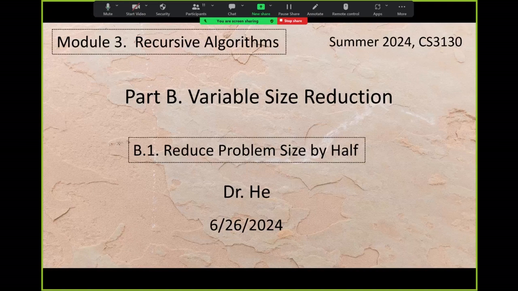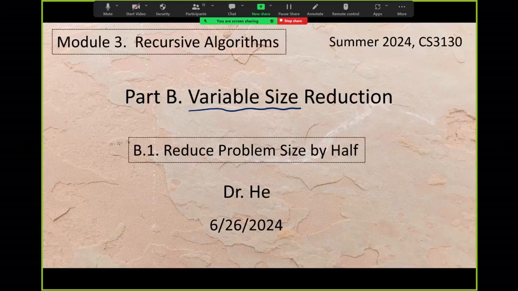Here, I want to show you another variation of problem size reduction. It's called variable size reduction. Every time you reduce the problem size, that size can vary, sometimes larger, sometimes smaller.